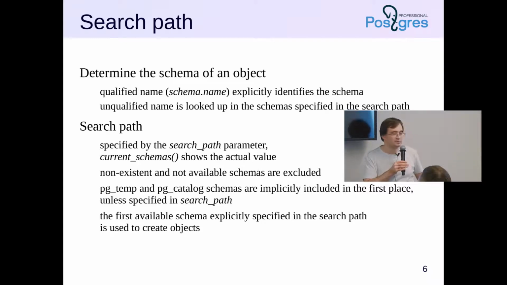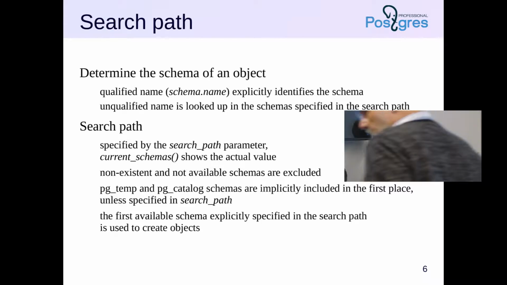But search path parameter is just a list of schemas. Some of the schemas may not exist or may not be accessible by this user. So actual search path may differ from this parameter, and we have current schemas function which can show you actual search path with nonexistent schemas removed and with some schemas added to search path implicitly.